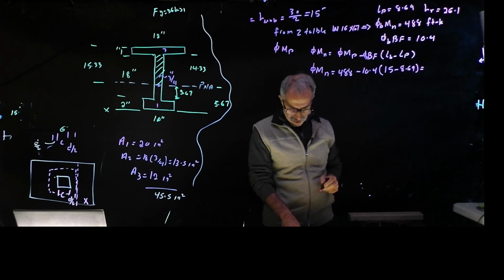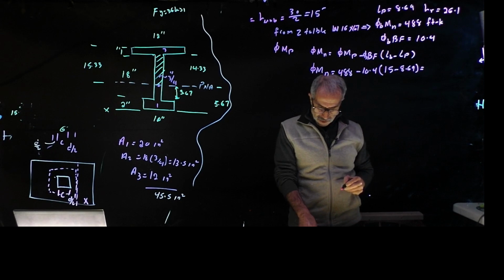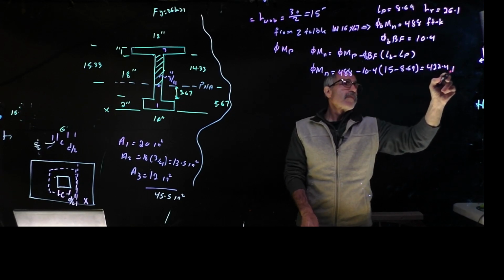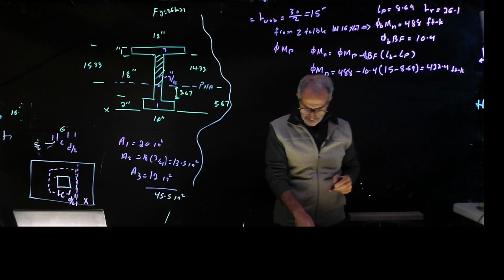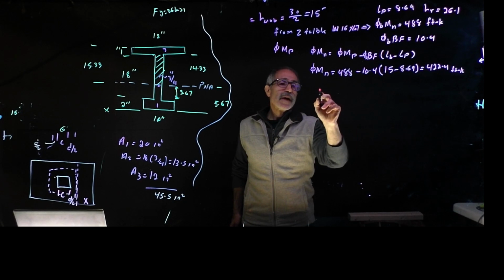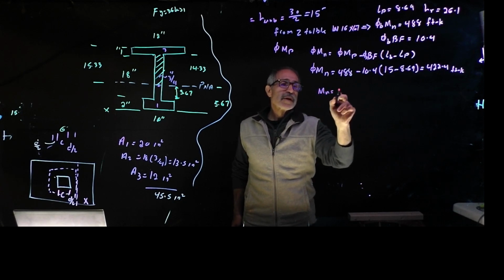That will give me 422.4 foot-kip. So now we know that is phi Mn.